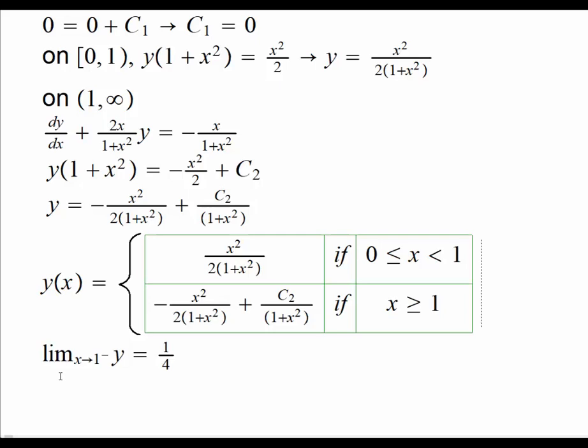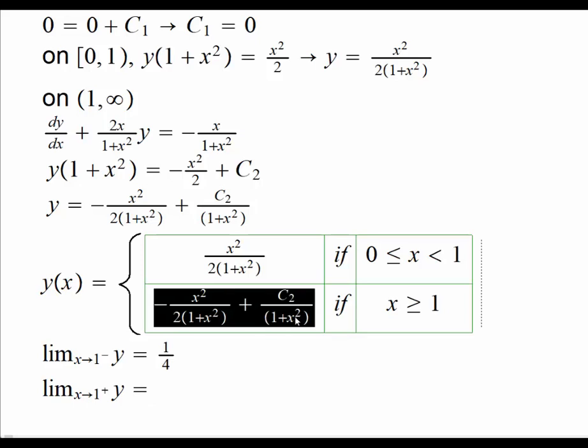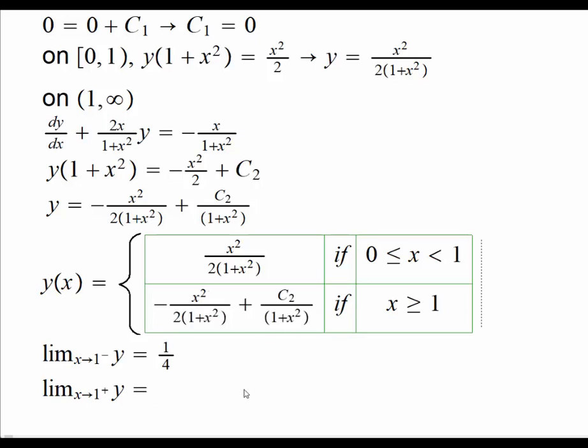Now we are going to go from the right. Okay, and here we are. So we get this, and in that case, what shall we get? Here we are going to get negative 1 over 4 plus c2 over 2, right?